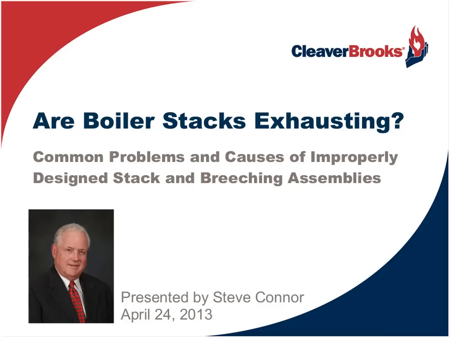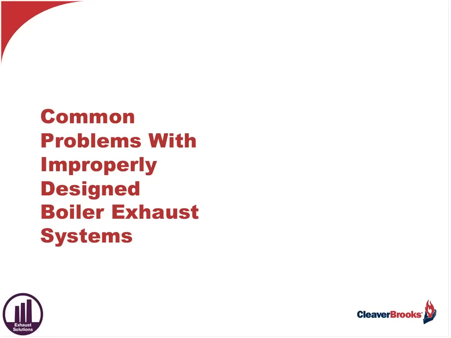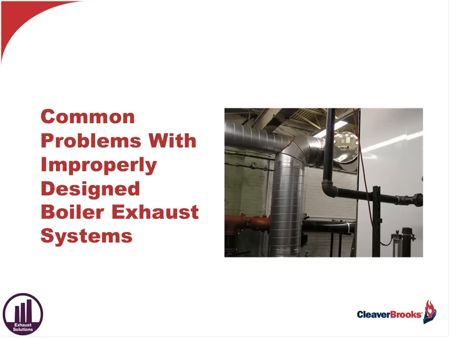We'll then get into the proper design considerations and conclude with Chuck solving two specific exhausting problem scenarios. And they, of course, would incorporate some of the design principles that I'll be discussing before he gets into the scenarios.